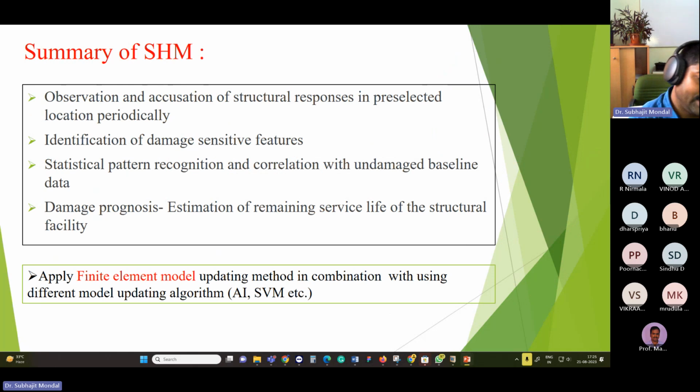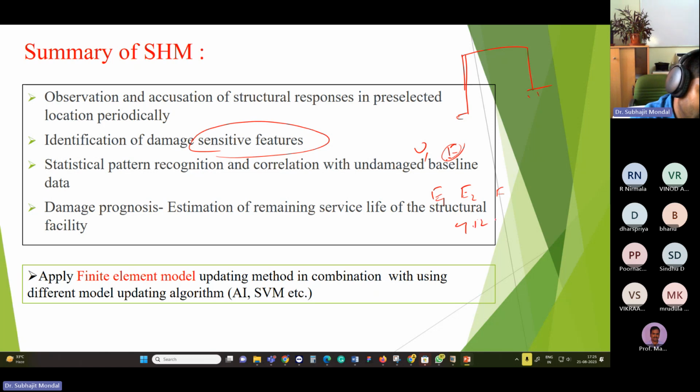If you have data, the data should be sensitive to the parameters, for example the Poisson ratio and E. If you have a composite structure, it has various parameters: E1, E2, E3, G12, G23, Poisson ratios ν12, ν13, like that.